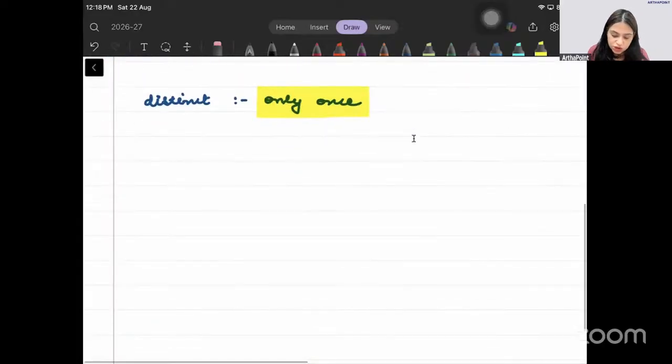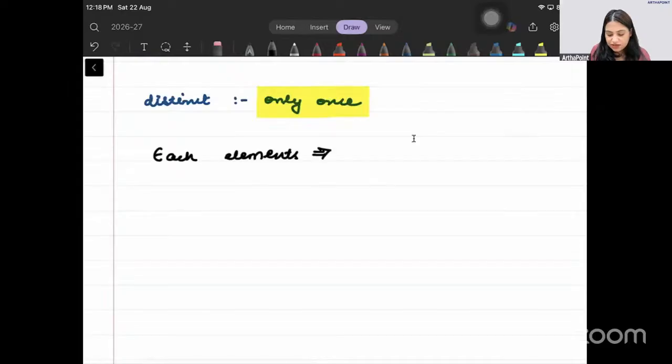Now, each element of the set can be called a member of the set. So whatever objects are there in the set, you can call them elements, and you can also call them members.